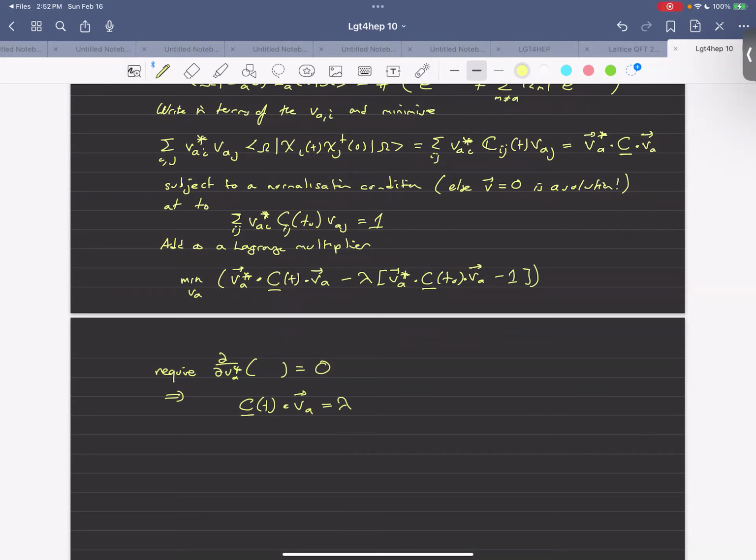And lambda is going to be specific to this given A, so it's got a label A, and it depends on t, and it depends on t naught, times C of t naught dot v_A. And so this is a generalized eigenvalue problem, which is referred to as a GEVP.